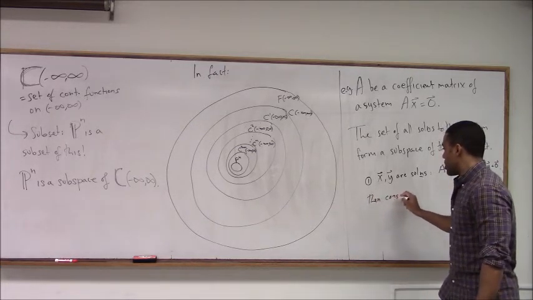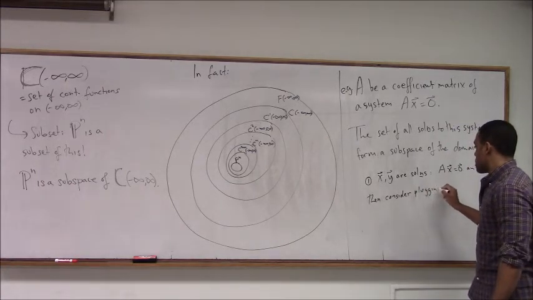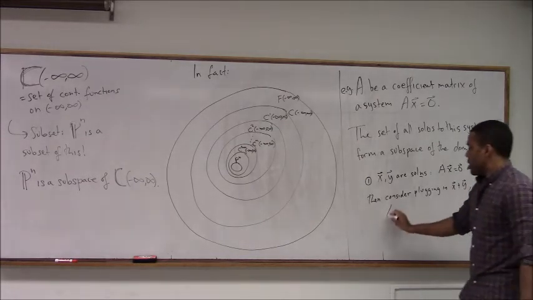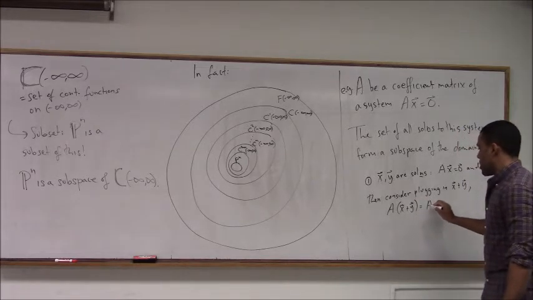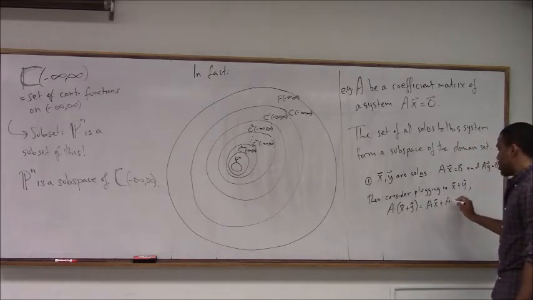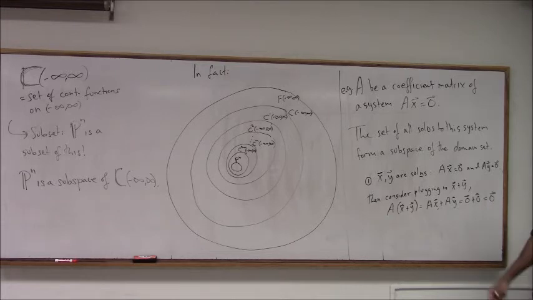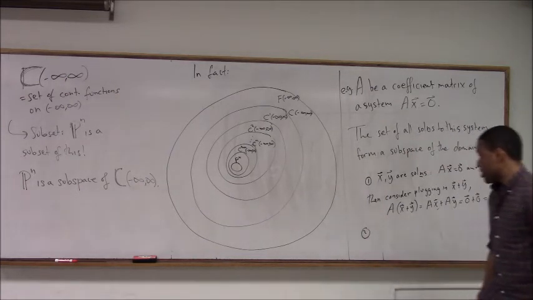Then if we consider plugging in the sum of these guys, if you get A of x plus y, a matrix property says we have the distributive law. But by assumption, this is the 0 vector, that guy's a 0 vector, and that guy gives you 0. So if I have two things that solve this homogeneous system, it turns out their sum will also solve the homogeneous system. So it's closed under addition.